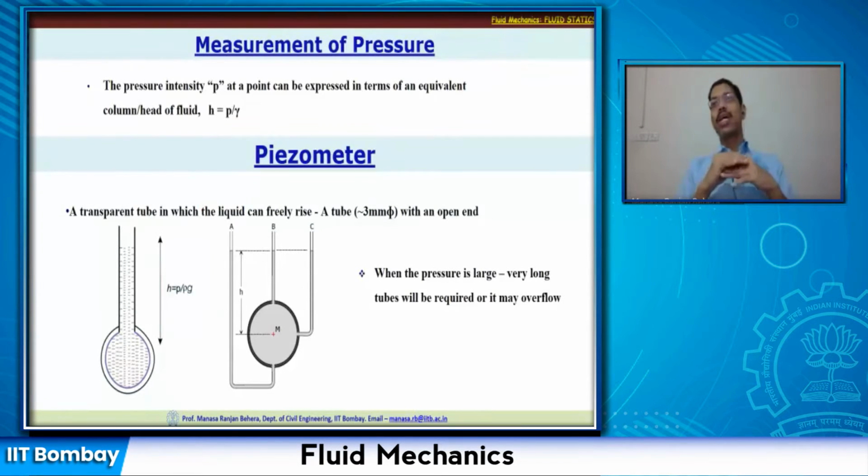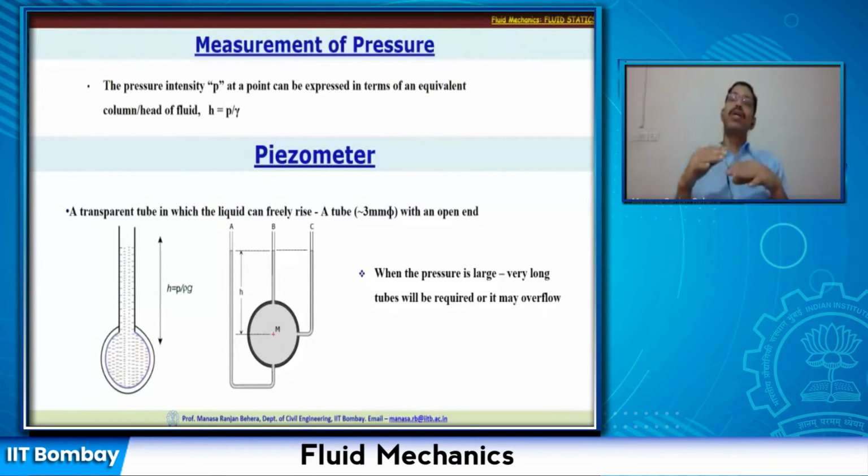Or I can tell that the pressure on my head is 1 meter of water. So it is equivalent to a water column standing at a height of 1 meter on my head. That is the kind of pressure exerted on me.